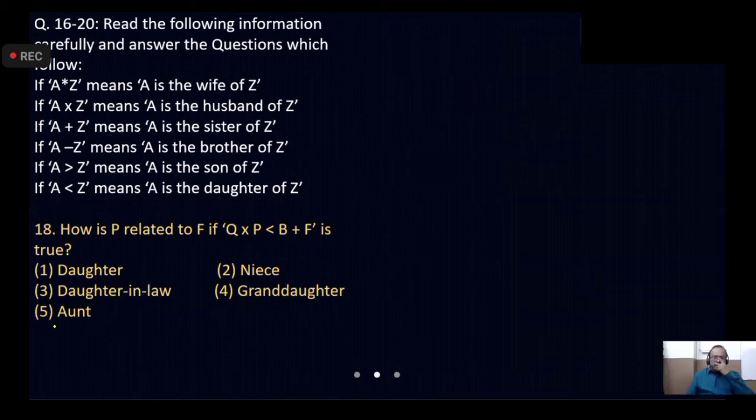How is P related to F, if Q into P and so on is true? Very simple question. Create the family tree now. Q into P. Into means what? Husband of P. So Q is husband, male, P is wife.